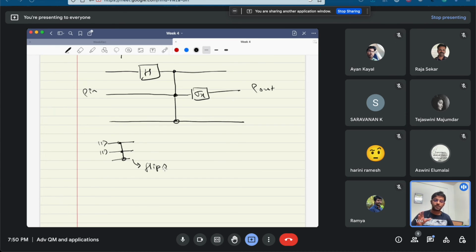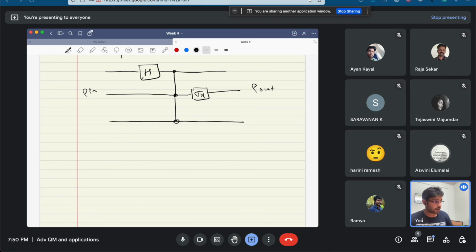If any of them is 0, then it does not work. So if you have 00, 01, 10, it doesn't do anything, but when it's 11, it flips. It's similar, I believe, to a NAND gate in classical analog theory. Okay, so this is your CNOT gate acting on 3 qubits.